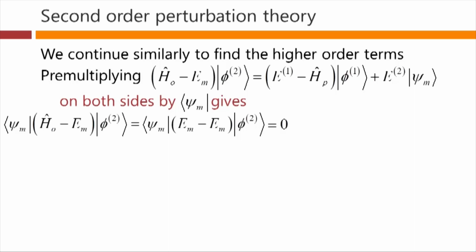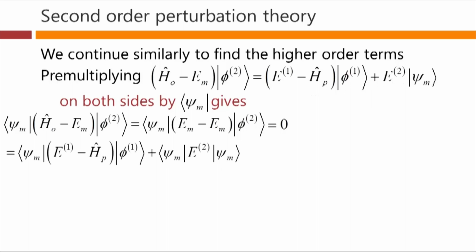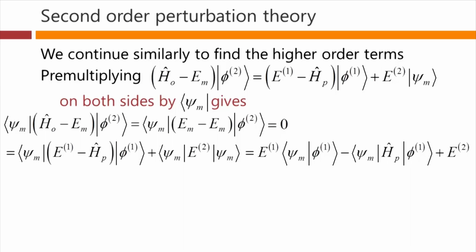And then on the right-hand side, pre-multiplying by psi m, we have psi m times this here. This is a number, of course. And psi m E2 psi m. Well, this here, the E1 with these two terms, is E1 psi m phi 1.